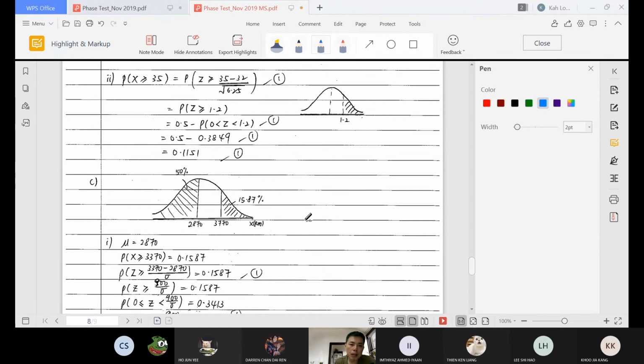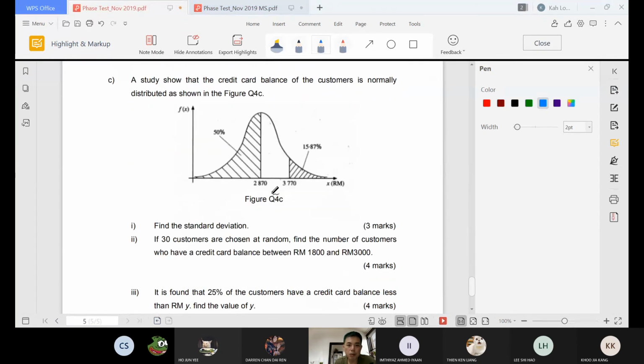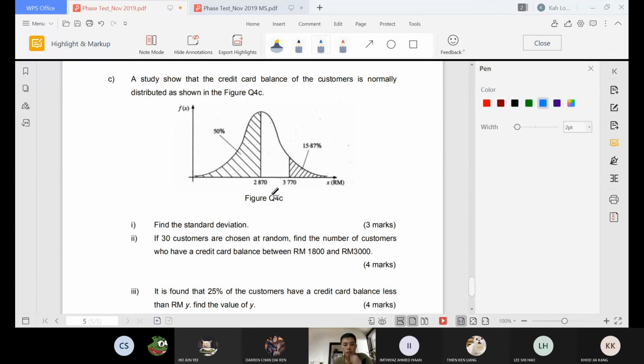Okay, now we go to the last question. What we are going to focus on is a normal distribution. Okay, now you look at this. A study showed the credit card balance of the customer. Credit card balance. Okay, when we're talking about money, it will have decimals.